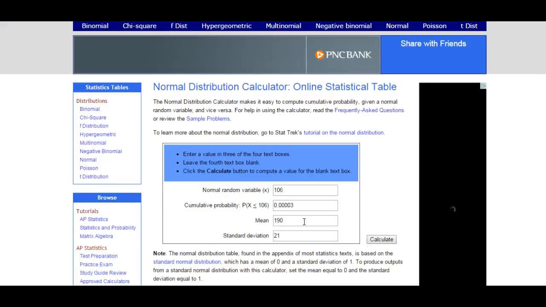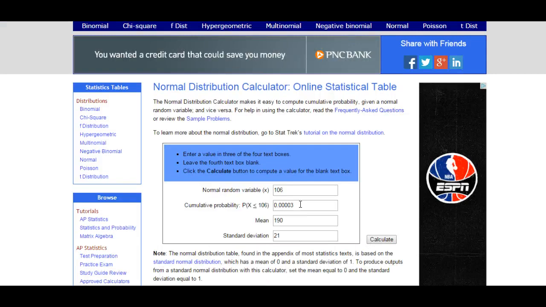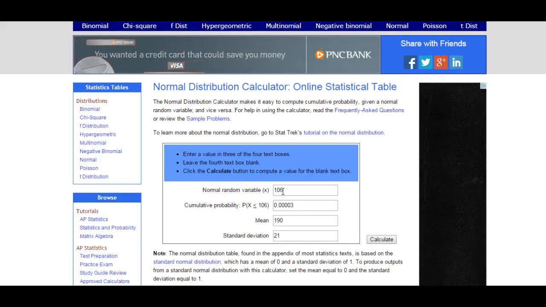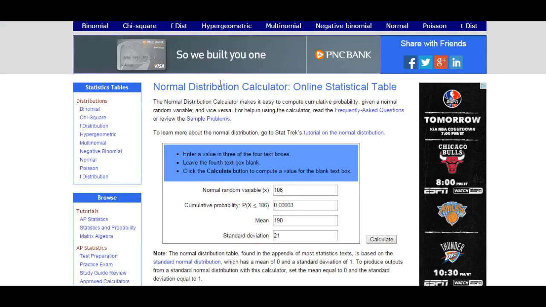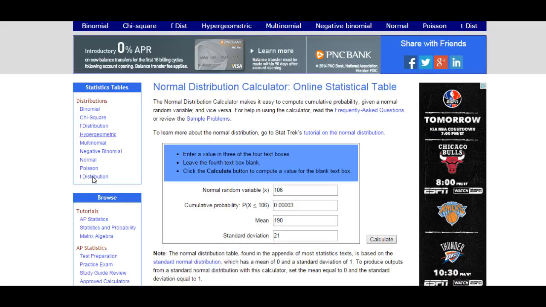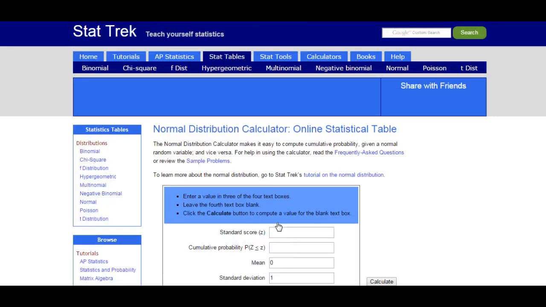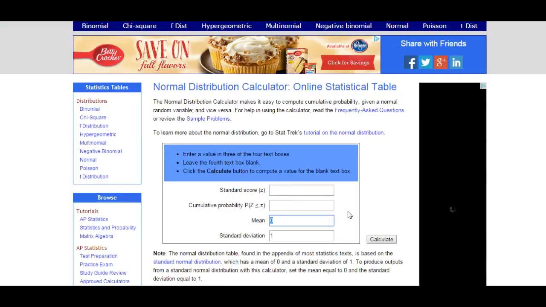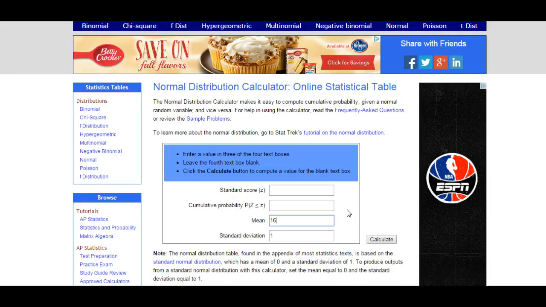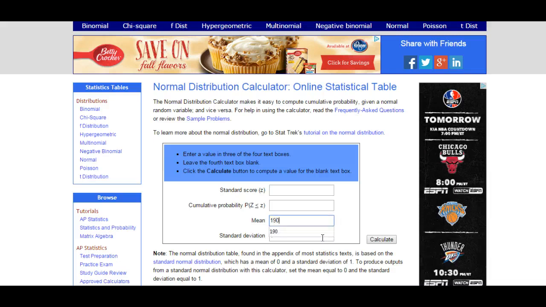There we go, 0.00003. See, the normal random variable it's giving is 106, though, which is not what we want. Oh, I forgot to do it negative. Can't get this right at all. All right, so let's go back to normal. We have 190. Gosh, sorry about this. 21, and then our z-score was negative 1.41.